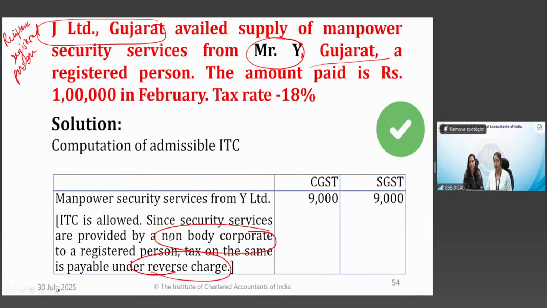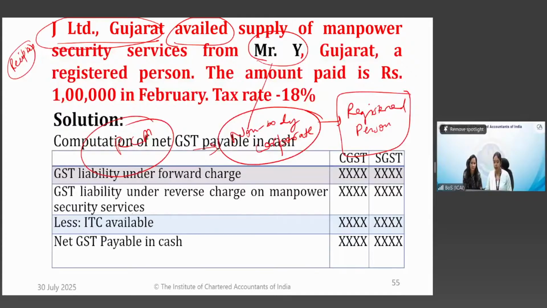Then, since ITC is allowed, we have to take it in the ITC table. Plus, we have to show it in the reverse charge adjustment also. So when you will be paying the tax, then you will be adding the reverse charge liability also.